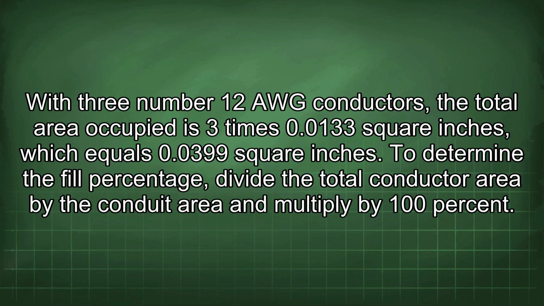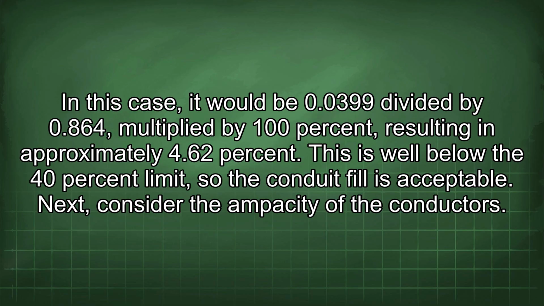To determine the fill percentage, divide the total conductor area by the conduit area and multiply by 100%. In this case, it would be 0.399 divided by 0.864 multiplied by 100%, resulting in approximately 4.62%. This is well below the 40% limit, so the conduit fill is acceptable.